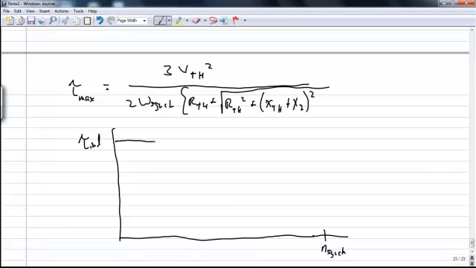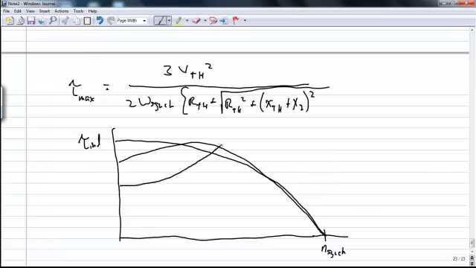I could have a curve that looks like this, and then another one that looks like this, and then maybe another one that looks like this. Let's call this one R1, this one R2, and this one R3. So R1 would be greater than R2, which would be greater than R3.